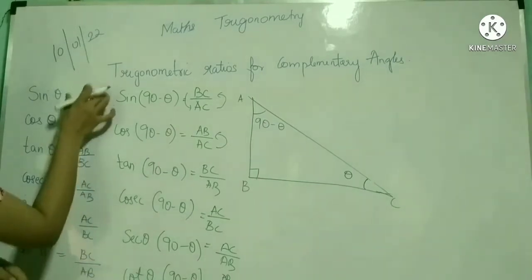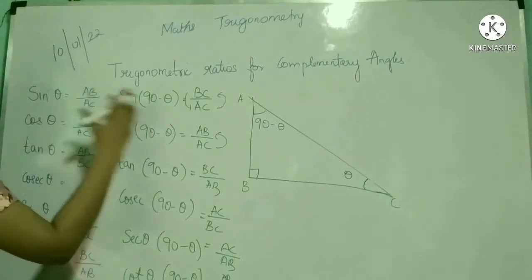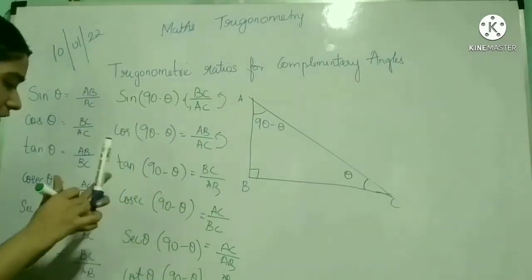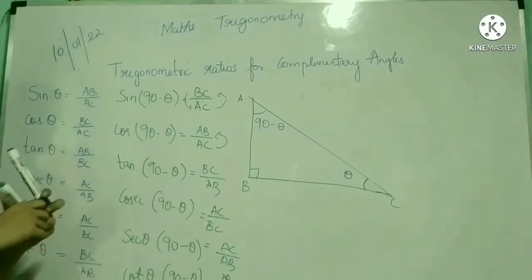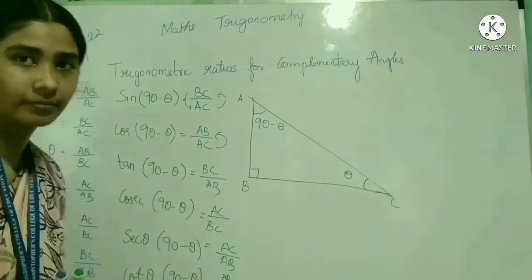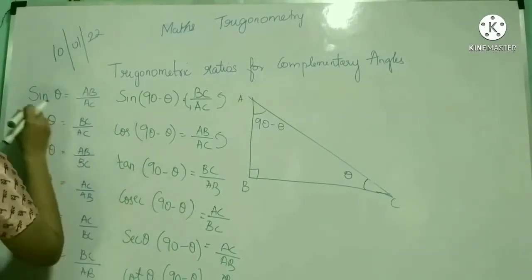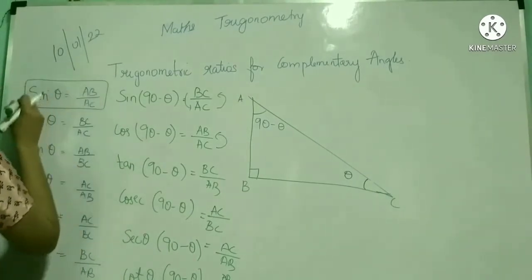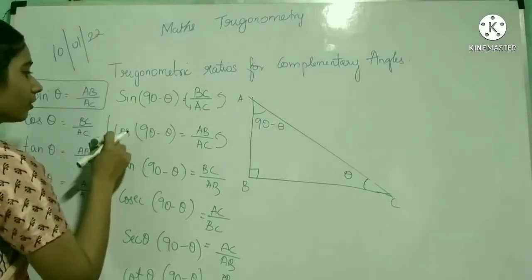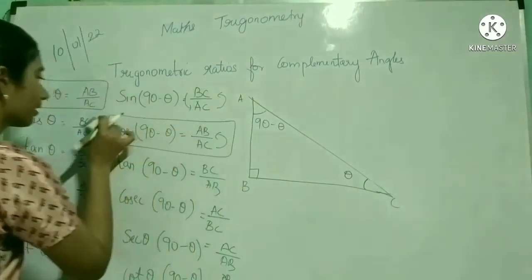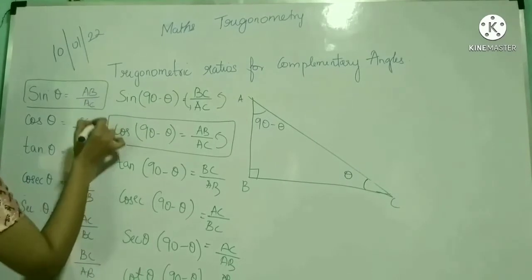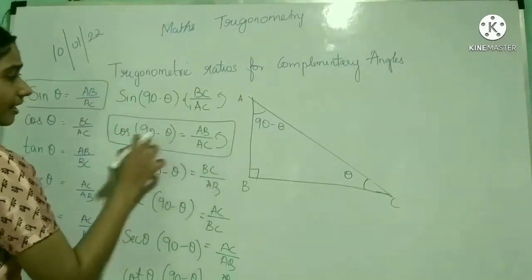Now compare both the values. What do you find? You find sin theta is equal to cos 90 minus theta. Is AB by AC there? Is AB by AC there? What is on this side?